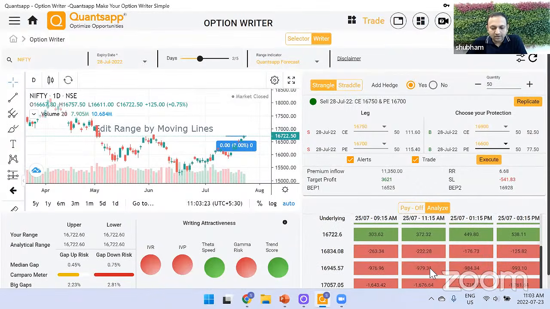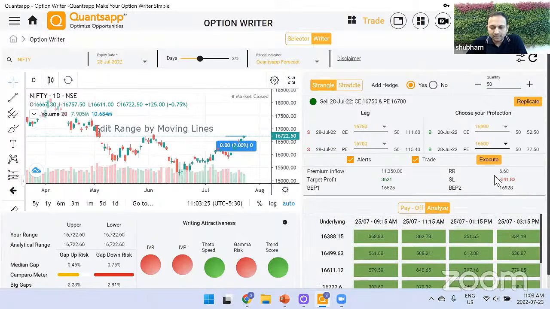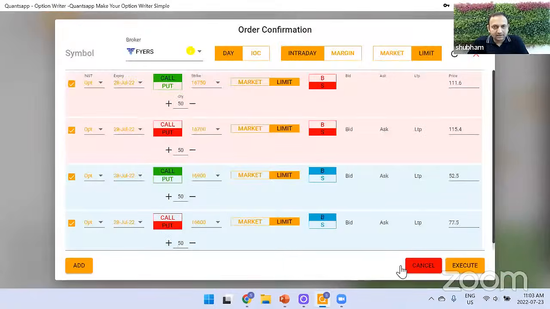Obviously my profit is also going down, and losses are also going down. So you can choose your own hedge, but the algorithm cannot recommend one because it's a matter of preference, that I prefer not losing more than this much money. But if you want to do that, the moment you select it and say execute, it will create an order form along with the hedge, and you can execute all the legs at once.